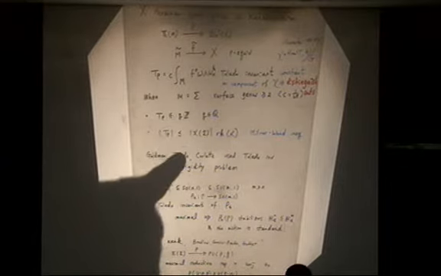And when this Toledo invariant realizes the maximum, when this is equality, somehow rho manifests a strong rigidity. They call it maximal, and when the maximal Toledo invariant is attained, there is a rigidity phenomenon.